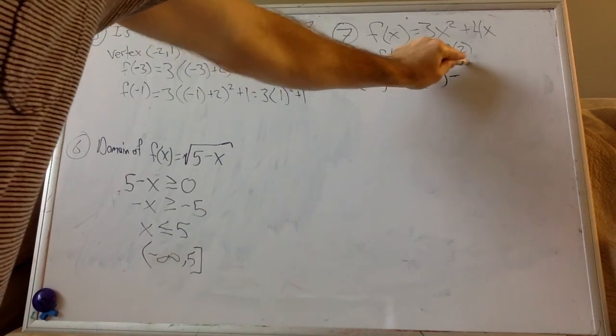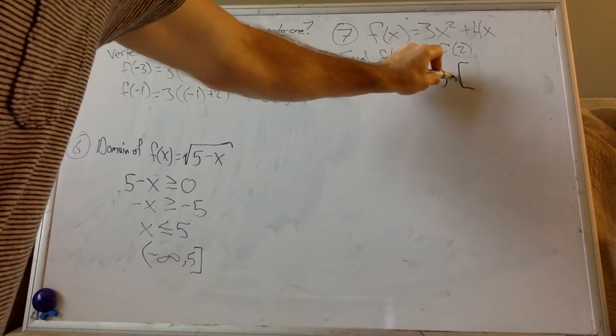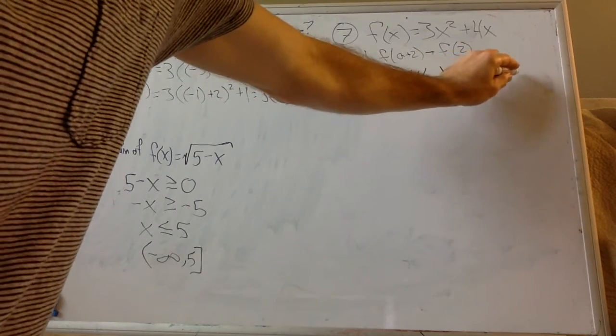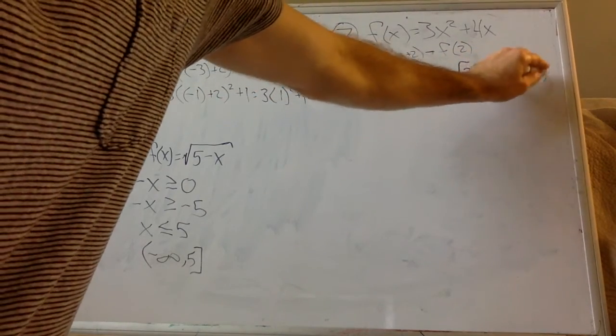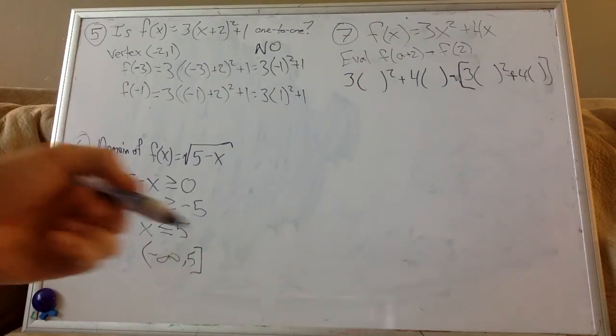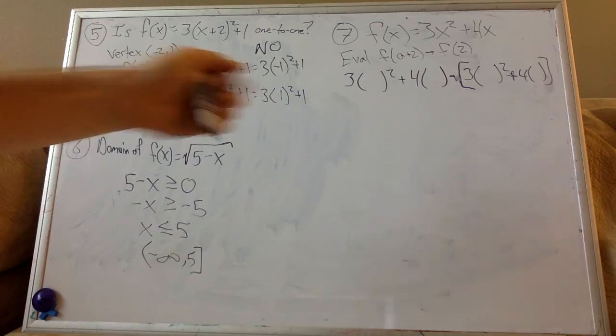Then I'm subtracting my whole function, so I'm subtracting the 3 squared plus 4. Okay, that's a plus. Now I'm just going to put in the pieces of the evaluation.